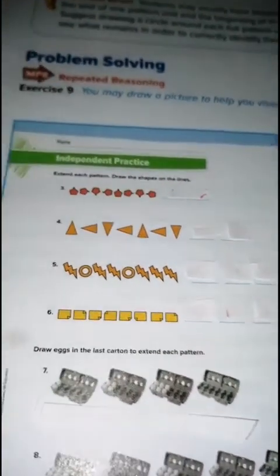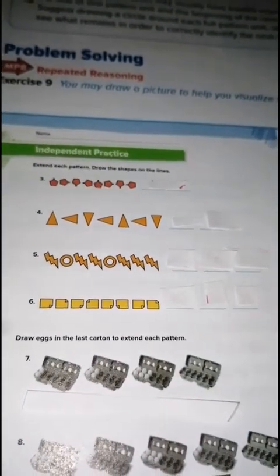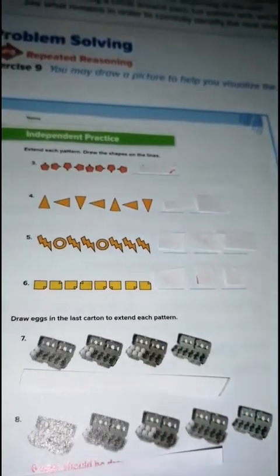So continue with the next two shapes. Non-numeric pattern number 5. We have a ray, circle, two rays, circle, two rays. So continue with the next 3 shapes.